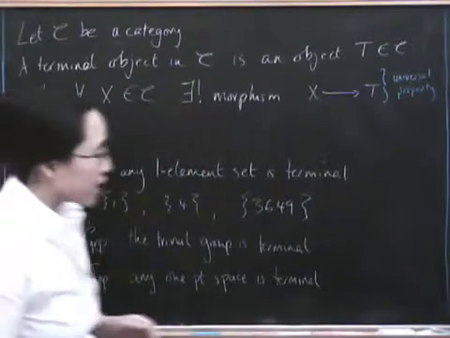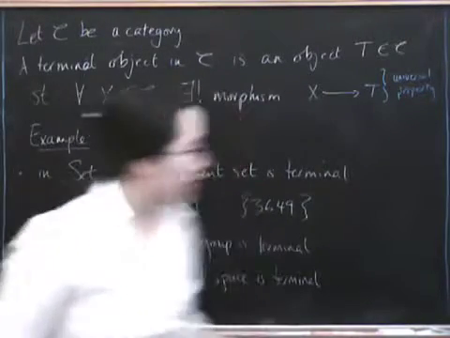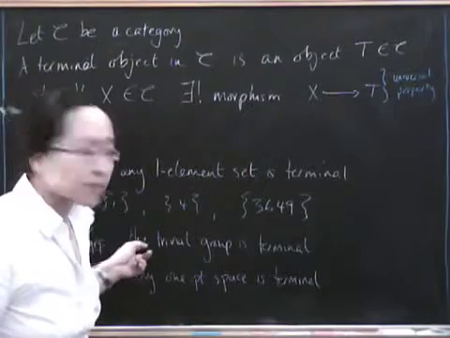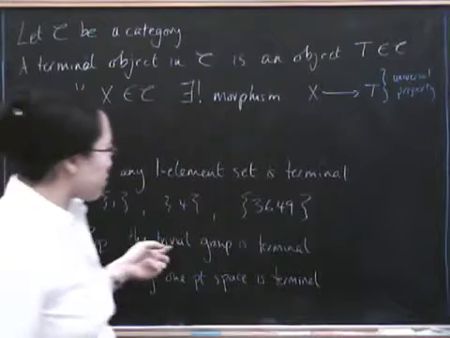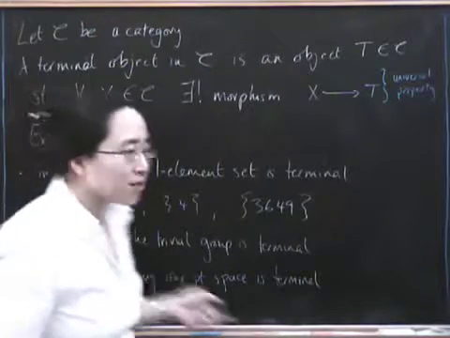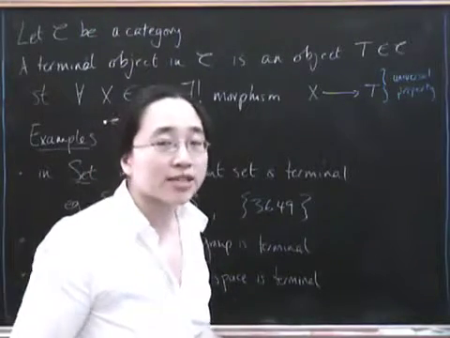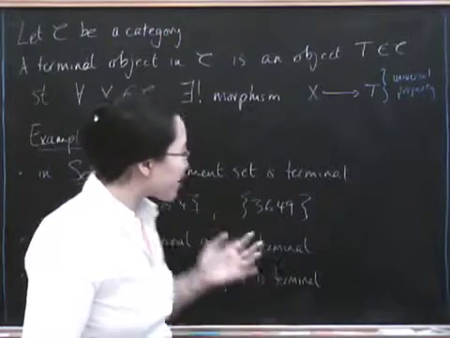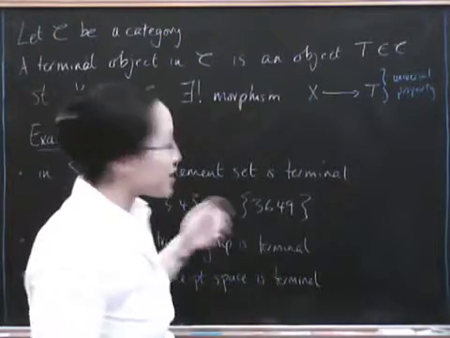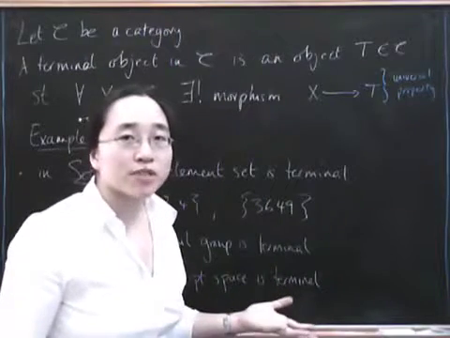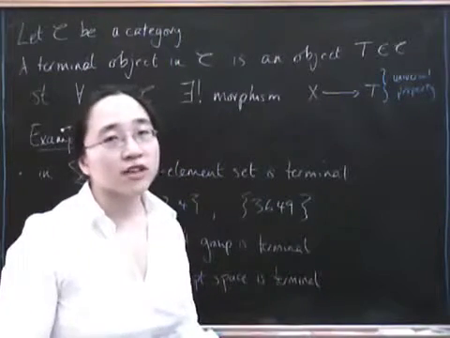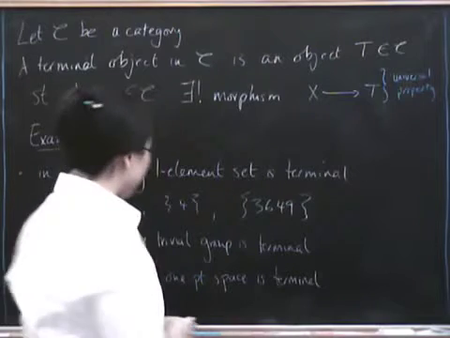And it's sort of a little bit pointless to think about how many different trivial groups exist and how many different one-point spaces are terminal, because we don't really care what the one point is when we have a one-point space. There's just one point, which is sort of just exactly the same as the one-element set. It's just saying that all the different one-point spaces are so canonically isomorphic that we can't even be bothered to think of them as different.